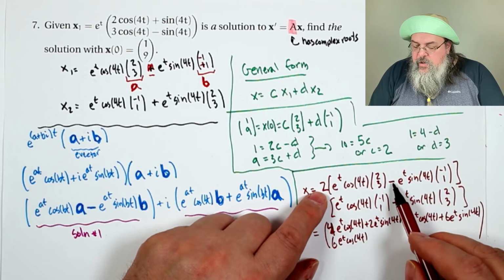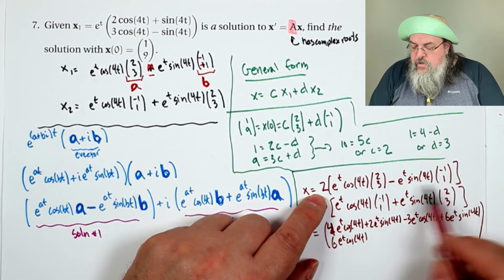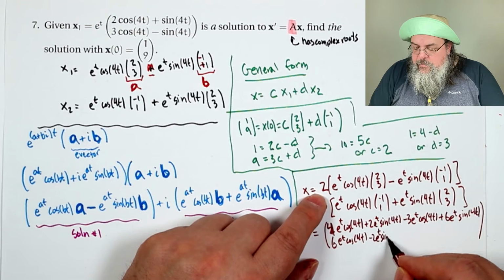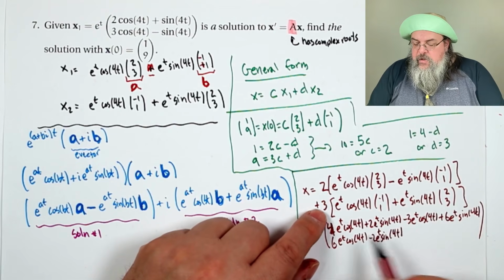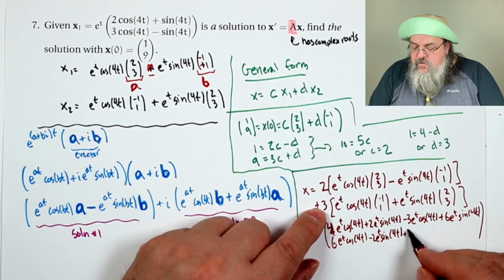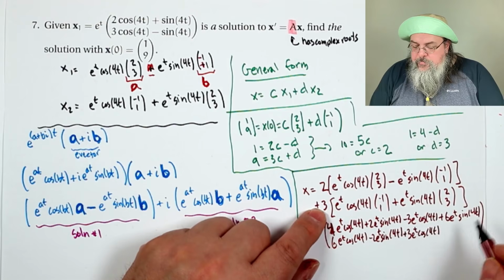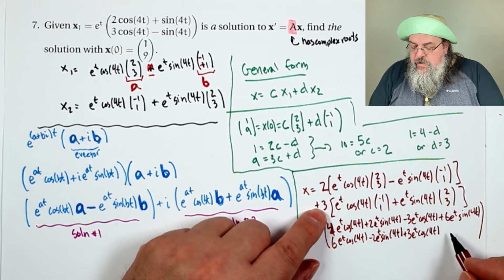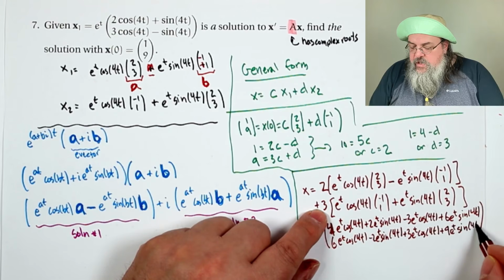Then we have a 2 times a minus times a 1, that's a minus 2 e to the t sine of 4t. 3 e to the t cosine 4t times 1, so plus 3 e to the t cosine 4t. 3 times 3 times 1 makes 9. So we have a plus 9 e to the t sine 4t.